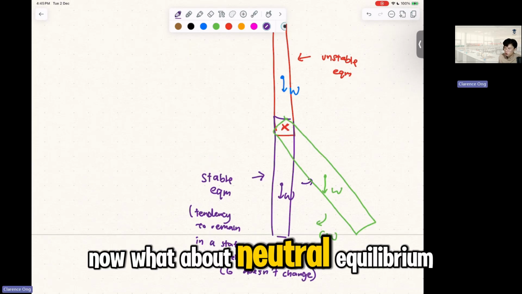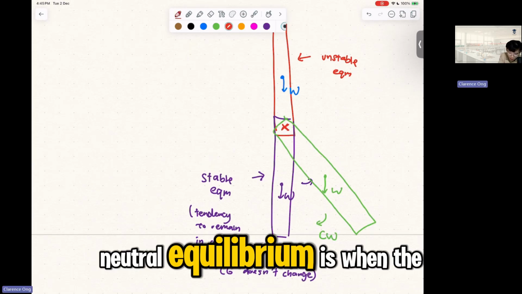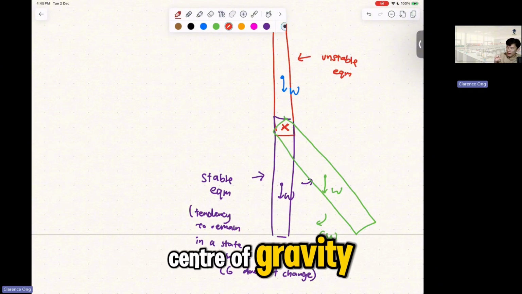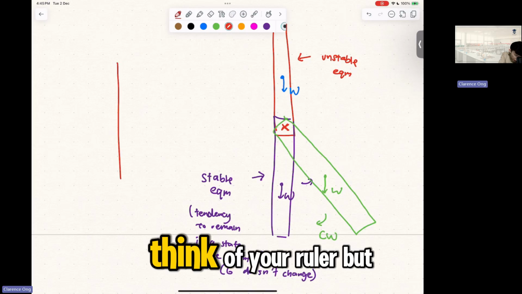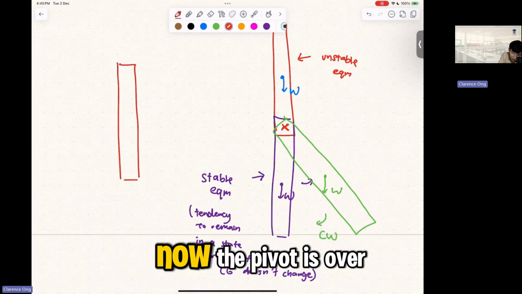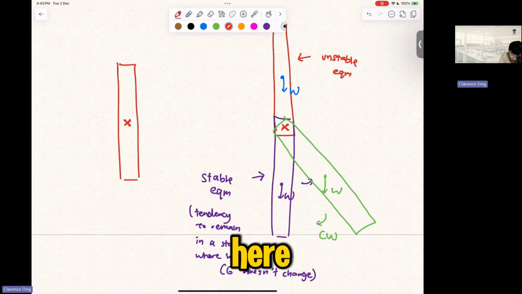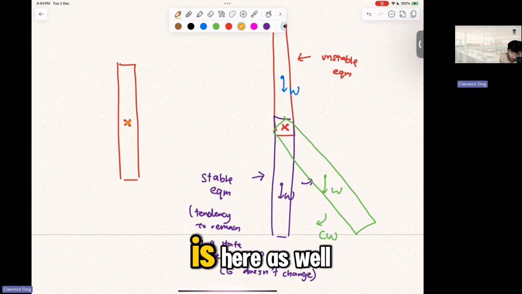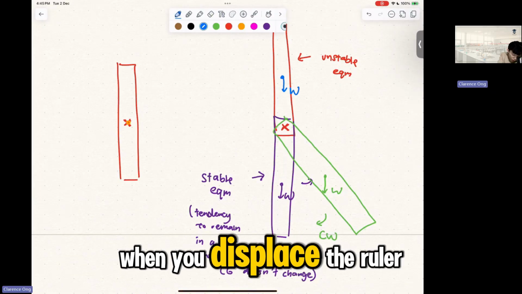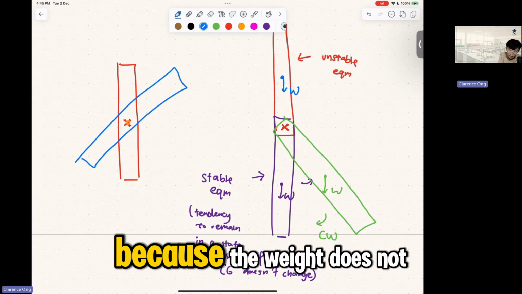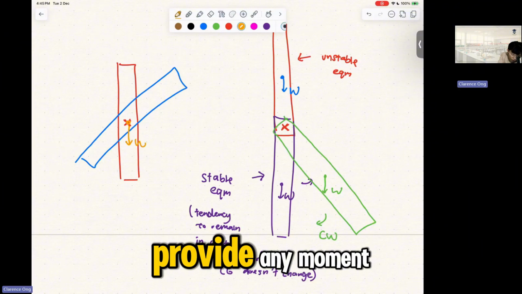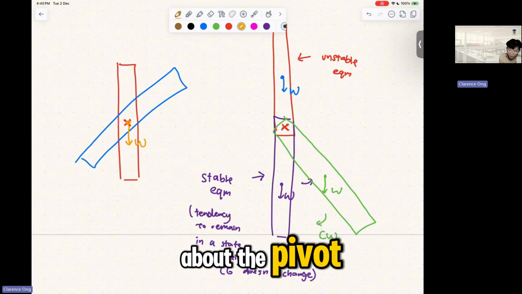Now, what about neutral equilibrium? Neutral equilibrium is when the center of gravity and the pivot are exactly at the same point. Think of your ruler, but now the pivot is over here and the center of gravity is here as well. When you displace it, the ruler will not move because the weight does not provide any moment about the pivot.